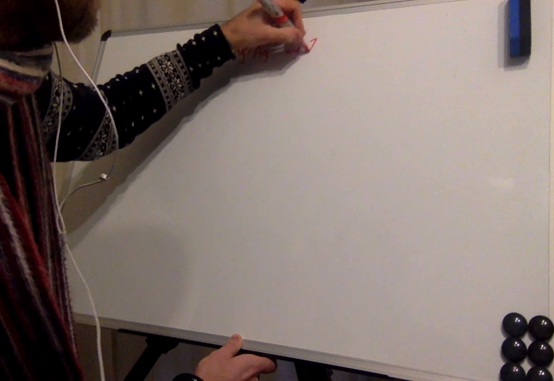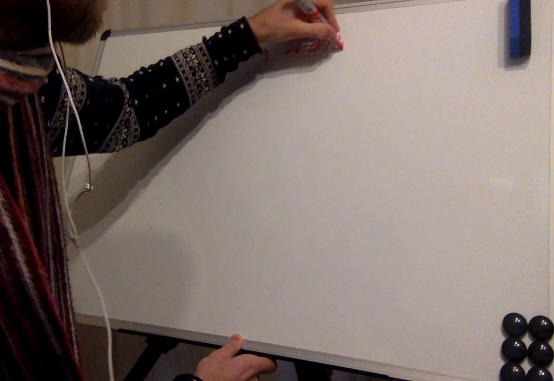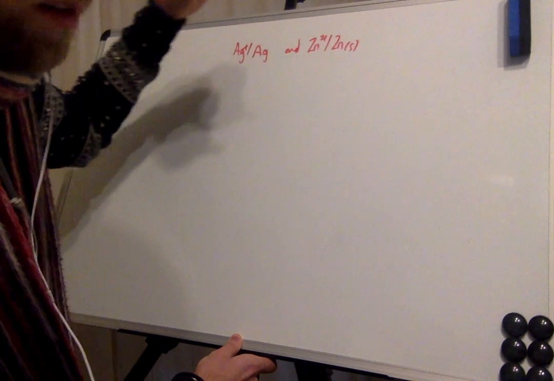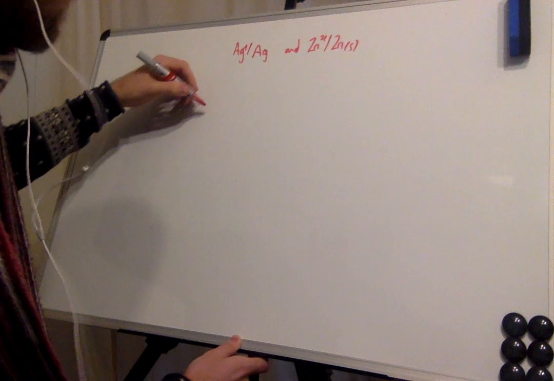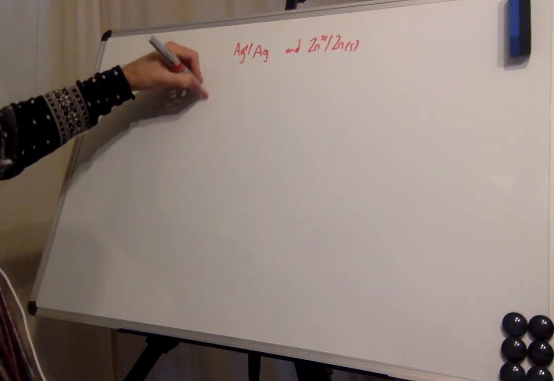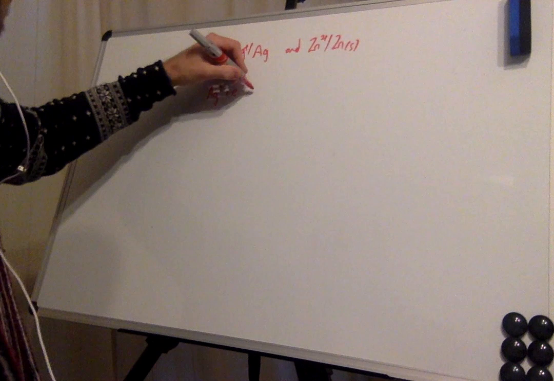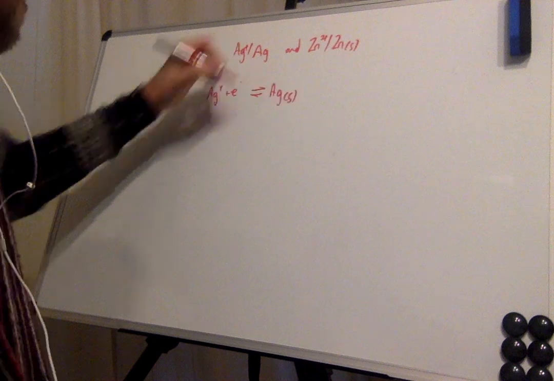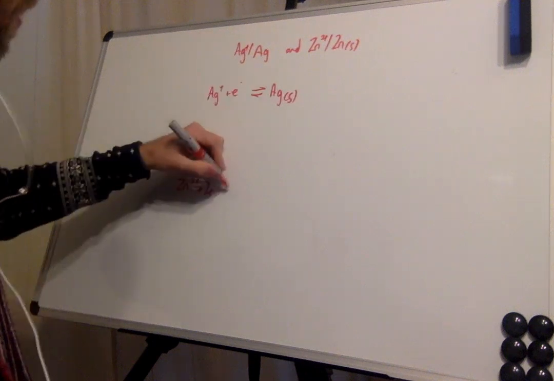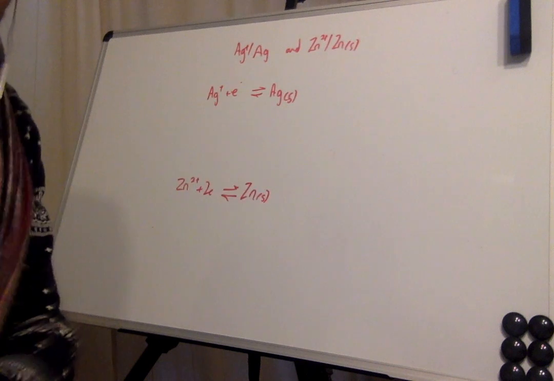Okay, so we look at our electrochemical series. We know that Ag plus is at the top, and zinc is way down at the bottom. Imagine this is my giant electrochemical series, and I'm making a backwards Z, so I'm using my good old backwards Z to figure out if it's going to work.